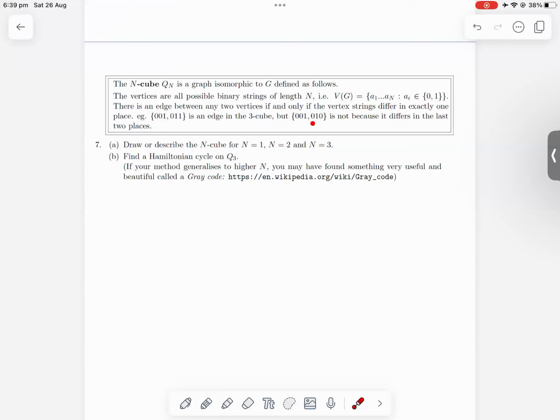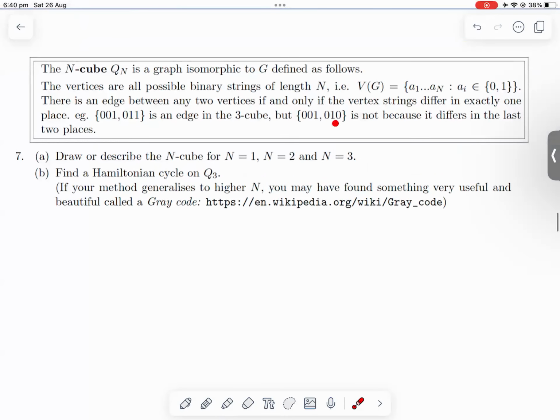But there is no edge between these two vertices. 0, 0 is the same, 0 and 1 is one difference, and this 1 and 0 is the second difference. We should have only exactly one difference, so there is no edge between them.